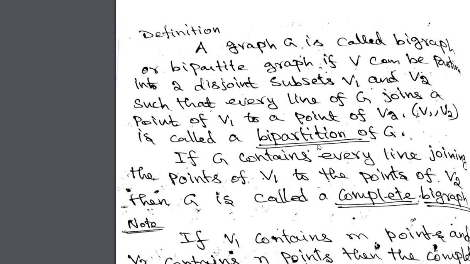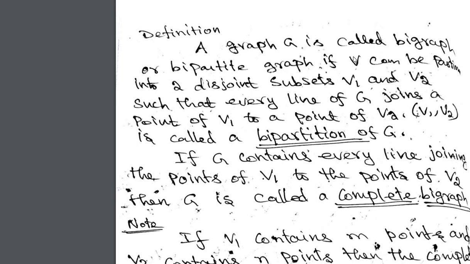So what is the meaning of bipartition? Bi represents 2, and partition means divided. We are dividing the vertex set V into two disjoint subsets V1 and V2.